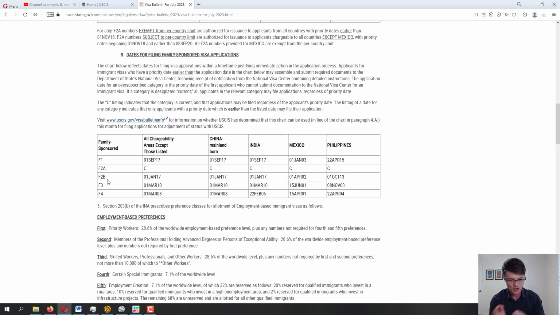Once the case is transferred, the portal immediately opens up and then you can start your documentary qualification process. For F2A it is current.